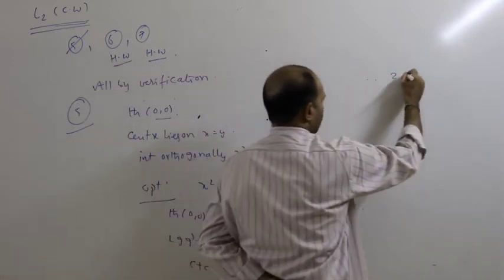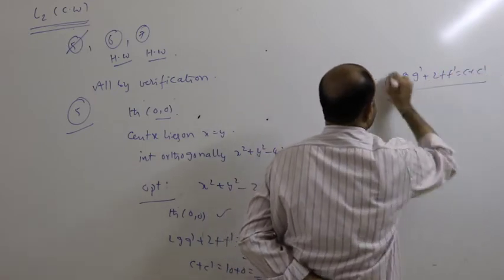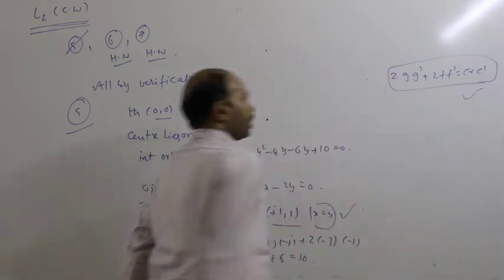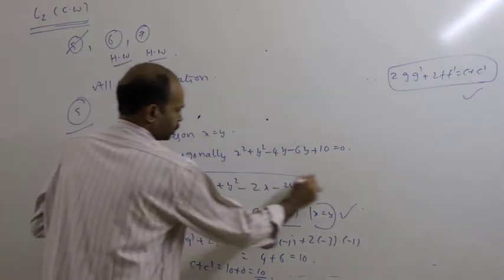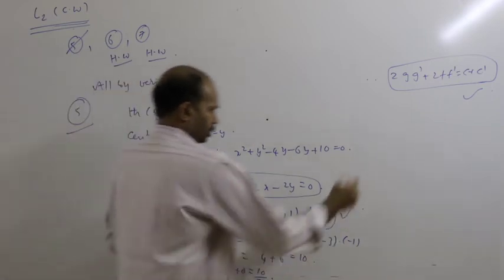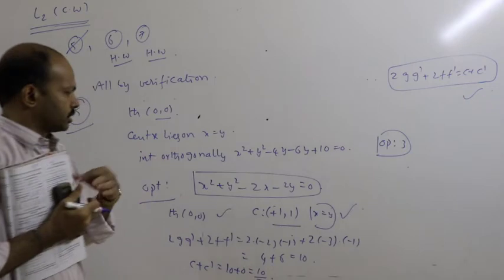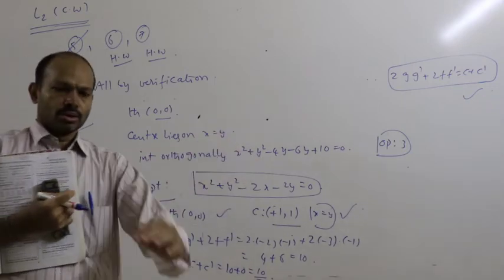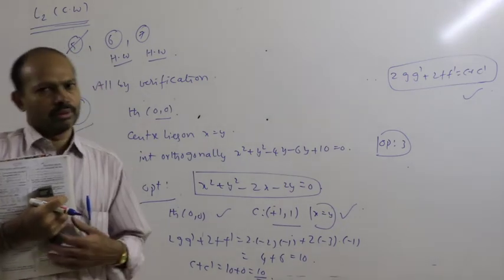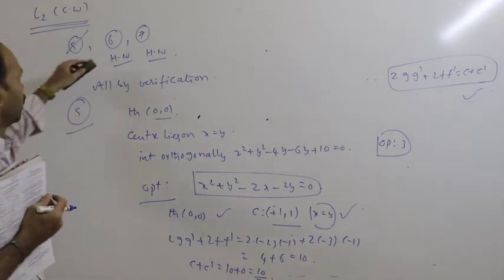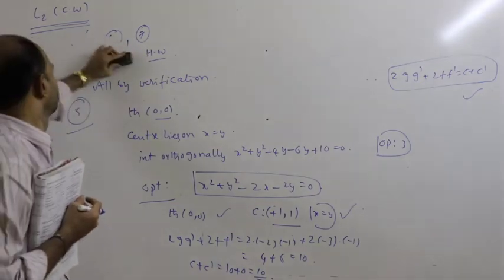Therefore, it satisfies 2gg dash plus 2ff dash is equal to c plus c dash. All the three conditions are satisfied by this particular option, so your answer is option 3. Suppose any one condition is not satisfied, go to the next and next option for verification. You all know very well how to do verification. In the same way you can do the 6th and 7th yourself.